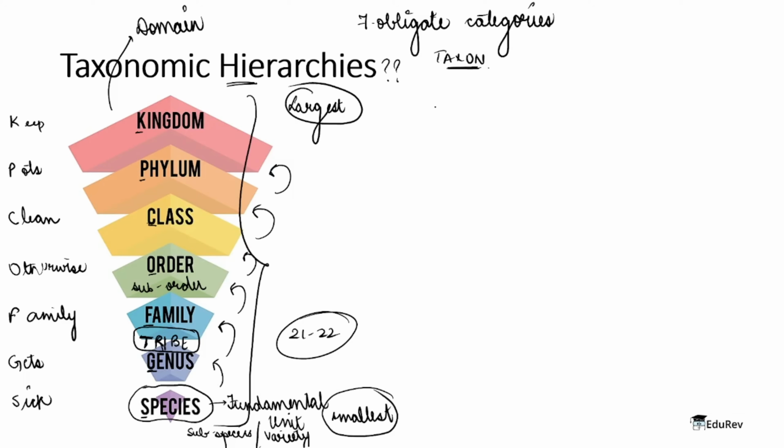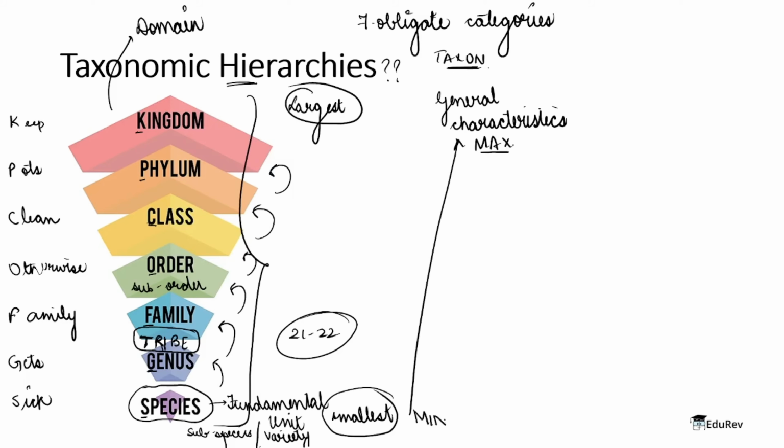Now let's talk about the general characteristics. They are present the most in kingdom, and they are present the least in species. General characteristics are the maximum in kingdom and least or minimum in species.